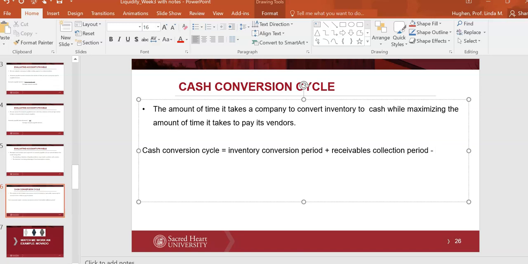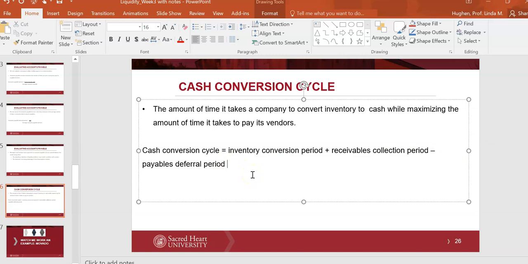And then from that, we subtract out the payables deferral period. Because these first two measures are where cash is tied up, and from that, we subtract where we are tying up somebody else's cash.